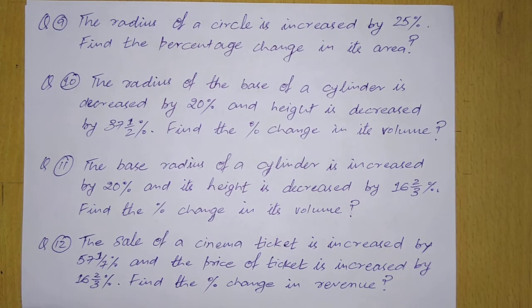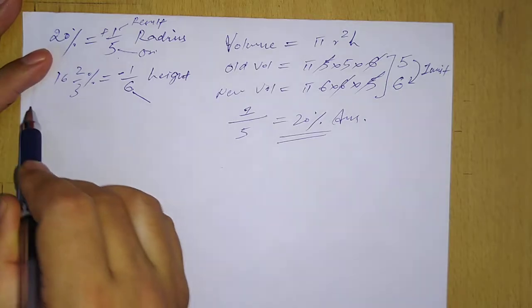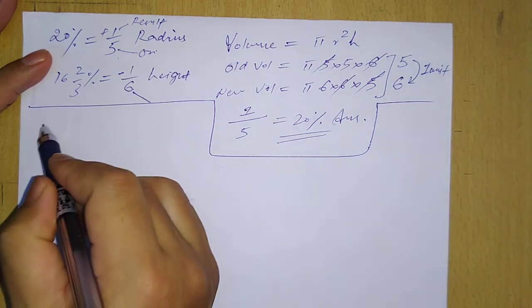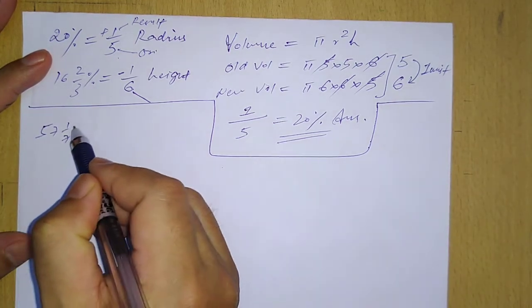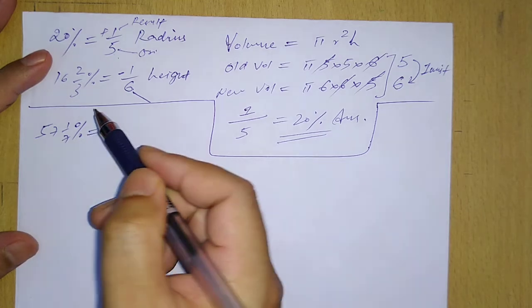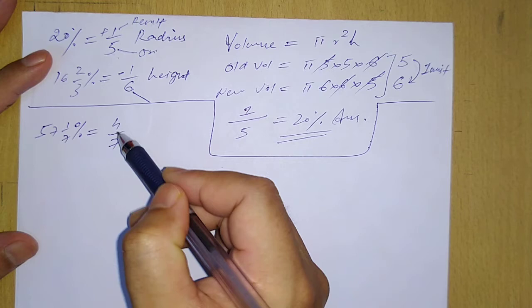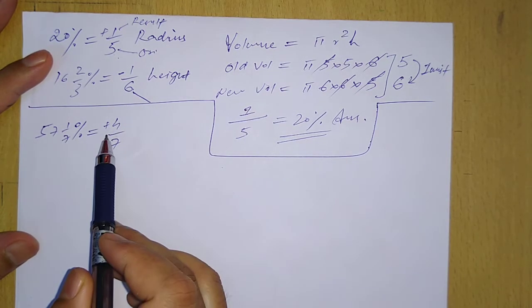Question number 12. The sale of a cinema ticket is increased by 57 1 by 7% and the price of a ticket is increased by 16 2 by 3%. Find the percentage change in revenue. Question is given. The sale of a cinema ticket is increased by 57 1 by 7%. There is an increase in sale, and 57 1 by 7% is 4 by 7, so it has been increased.